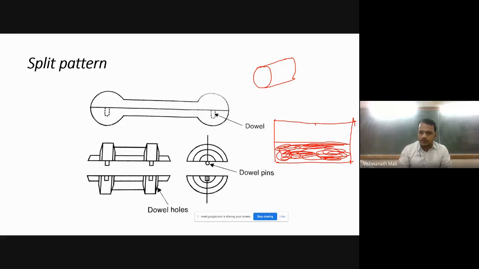Suppose you have kept your part here, which is circular, and then we again pour the sand and make a mold. Okay, this is one example. Take the second example.